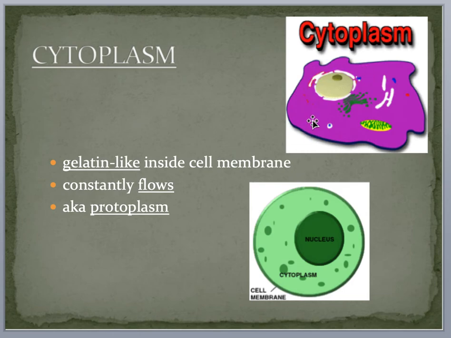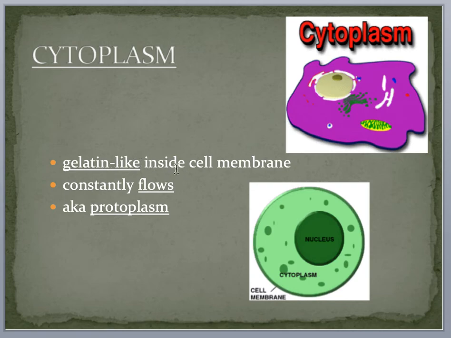If we assume this to be the cell, then the region from the cell membrane to the nucleus, all this jelly-like fluid region, is called the cell cytoplasm, and it contains different cell organelles.